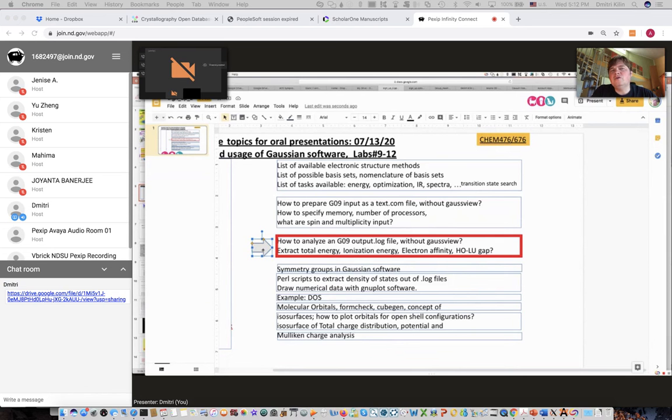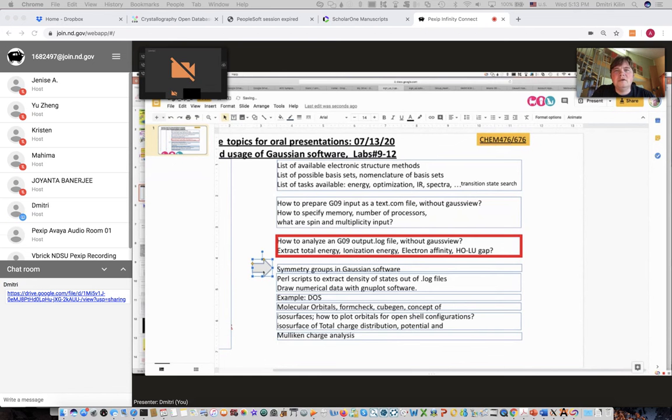Symmetry groups in Gaussian software, it is very optional. We typically do it if there is an excessively large number of attendees for the class. So unless you are specifically interested in this, this can be skipped.